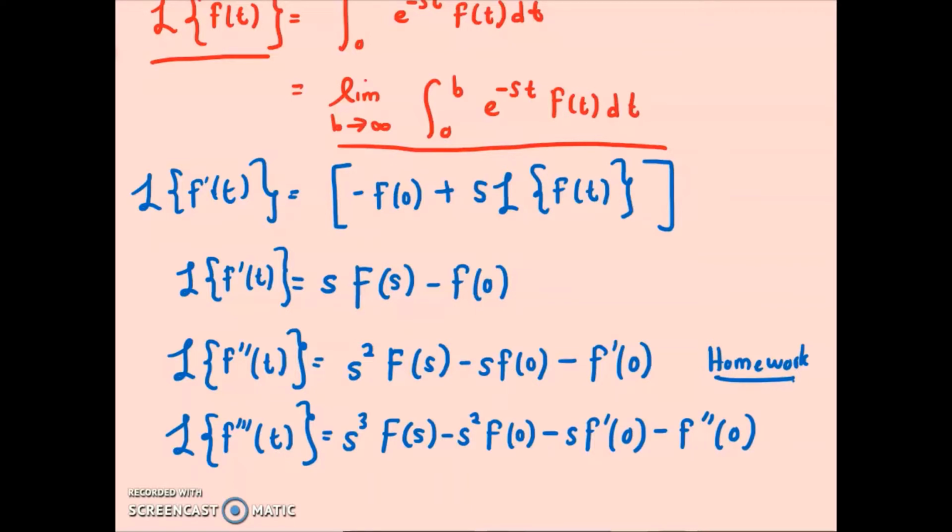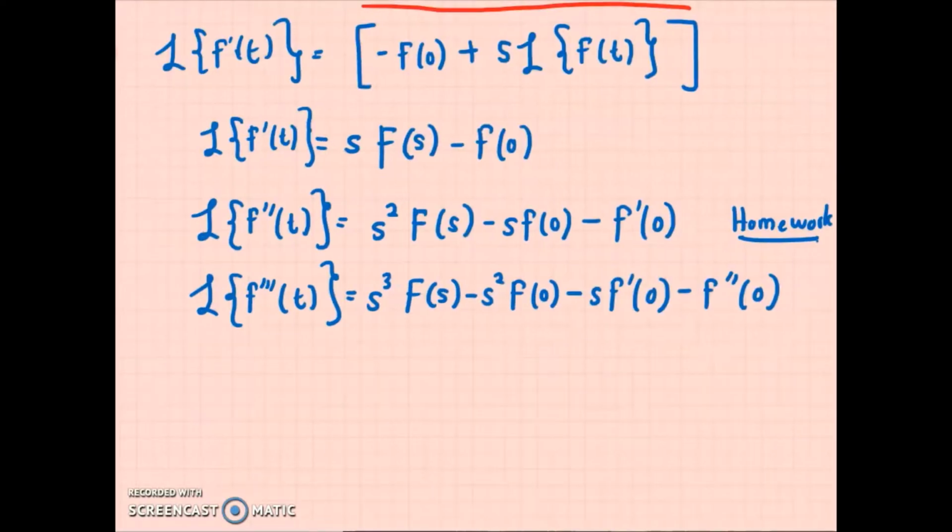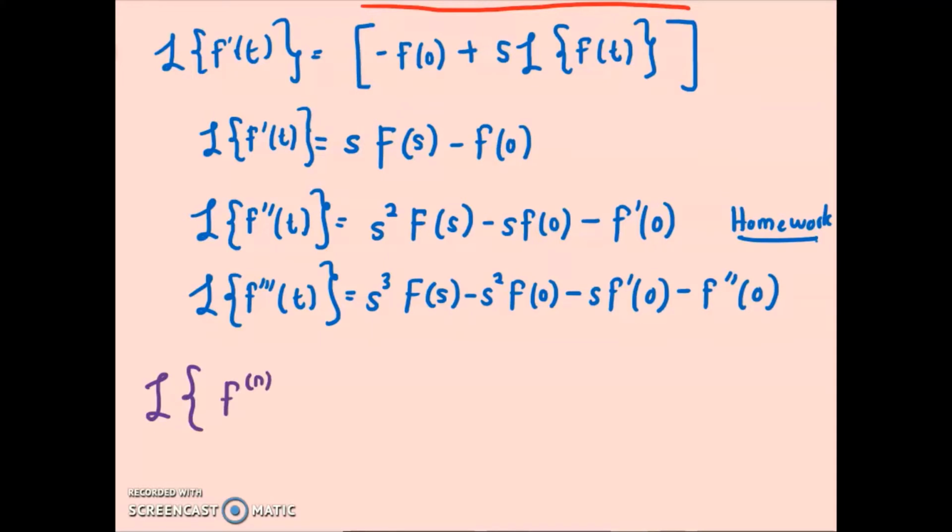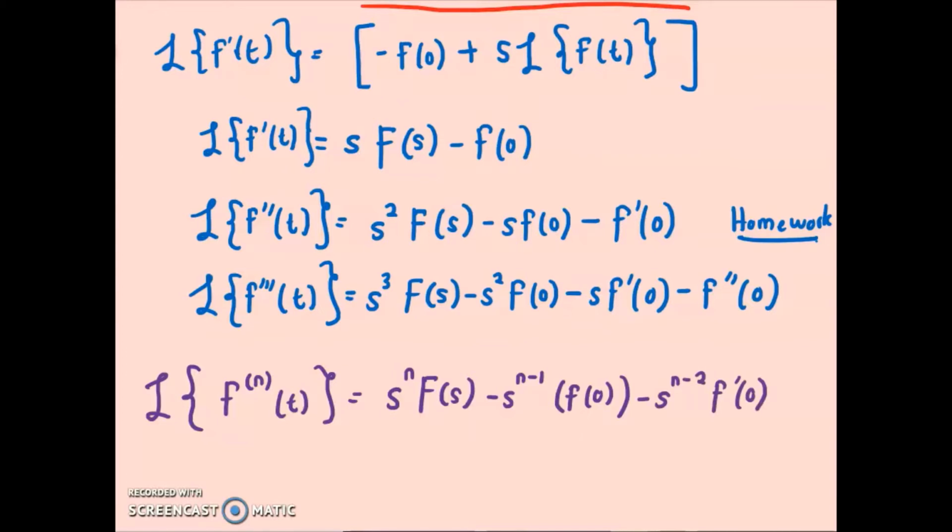So in general, the Laplace transform of the nth derivative is given by s to the n F(s) minus s to the n minus 1 f(0) minus s to the n minus 2 f prime(0), and so on, down to minus f to the n minus 1 of 0. So this is the general definition of the Laplace transform of the derivative.